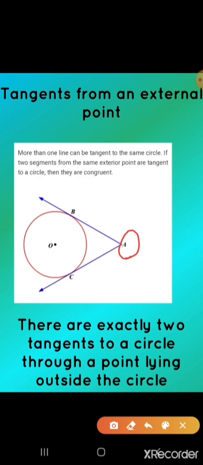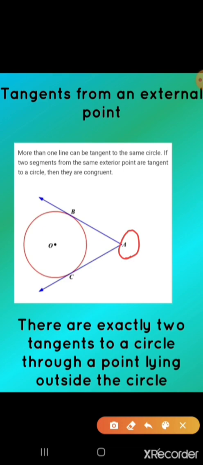From that point A, we can draw two tangents, AB and AC, to the circle, with points of contact B and C. So there are exactly two tangents to a circle through a point lying outside the circle.